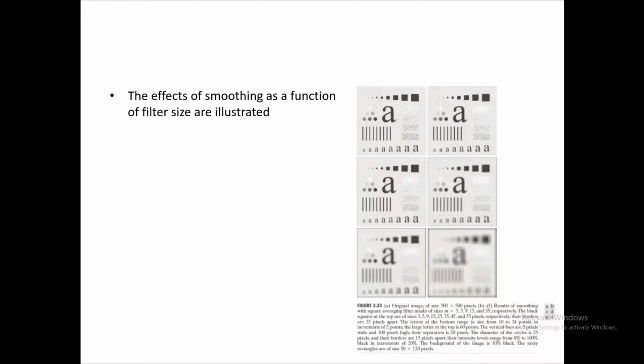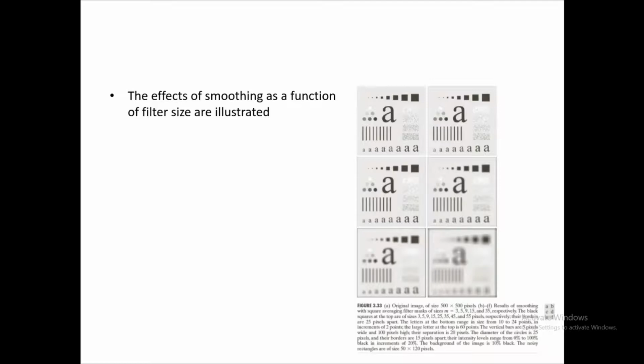We can see here the effects of smoothing as a function of filter size. If we look at the size of the filter masks used and the net effect on the image, as the filter size increases, the effect of blurring increases. We can see here the original image of 500 by 500 pixels, and B to F refer to smoothing with square averaging filter masks of size m equal to 3, like 3 by 3, 5 by 5, 9 by 9, and 15 by 15.